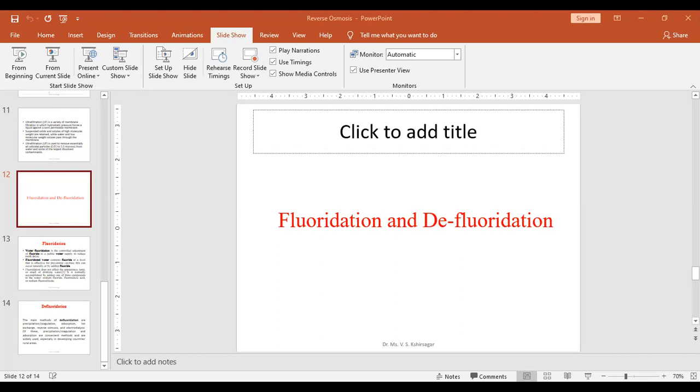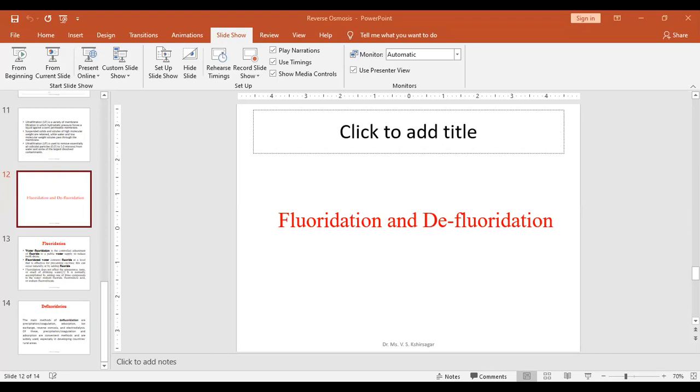So what is the actual range of fluoride required in water? Fluoride must be in the range of greater than 1 milligram per liter and less than 1.5 milligram per liter. It must be in the range of 1 to 1.5 milligram per liter.